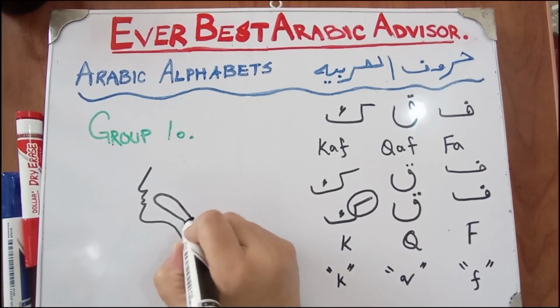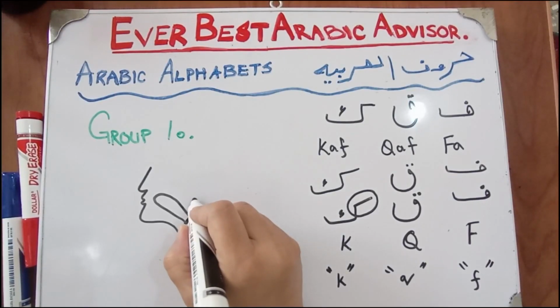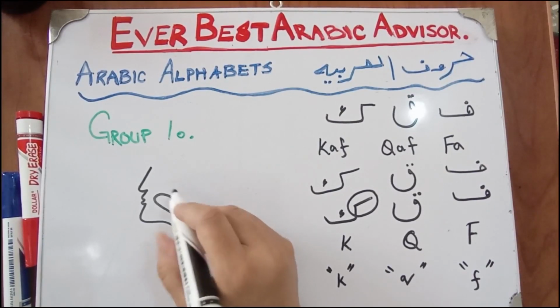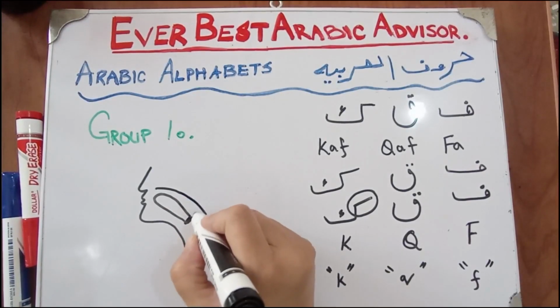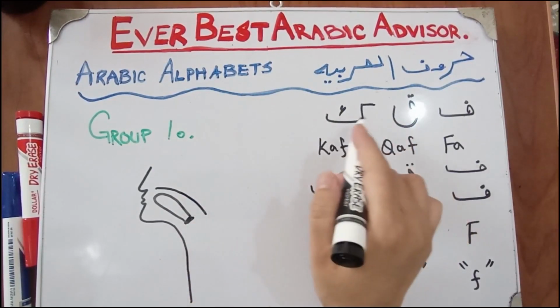When the root of the tongue touches the upper side of the palate, qaf and kaf are pronounced.